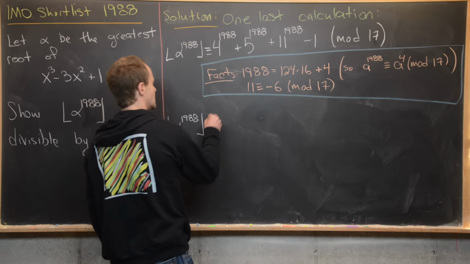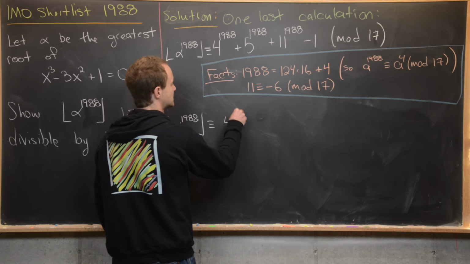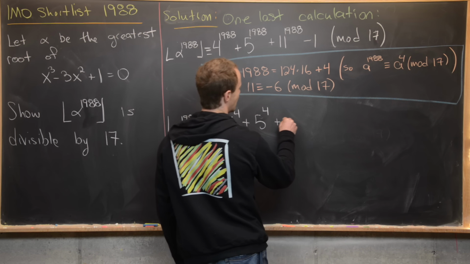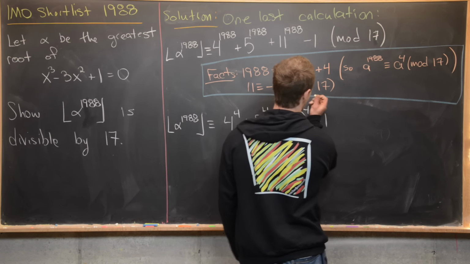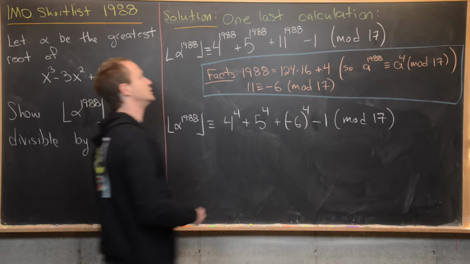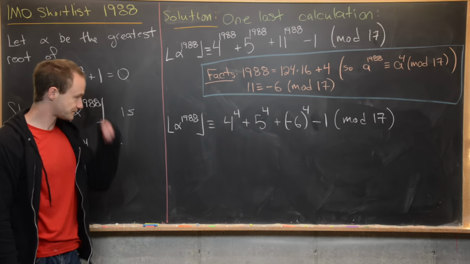So that's going to be congruent to, well, let's see, we're going to have 4 to the 4 plus 5 to the 4 plus -6 to the 4 plus minus 1 mod 17, by these two facts up here and the results from all of our previous calculations.